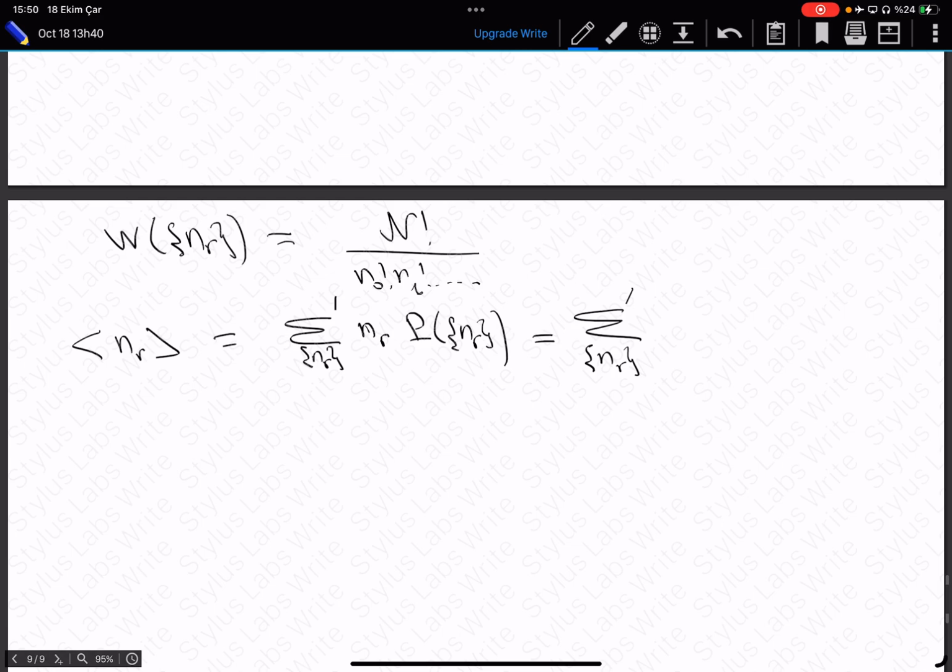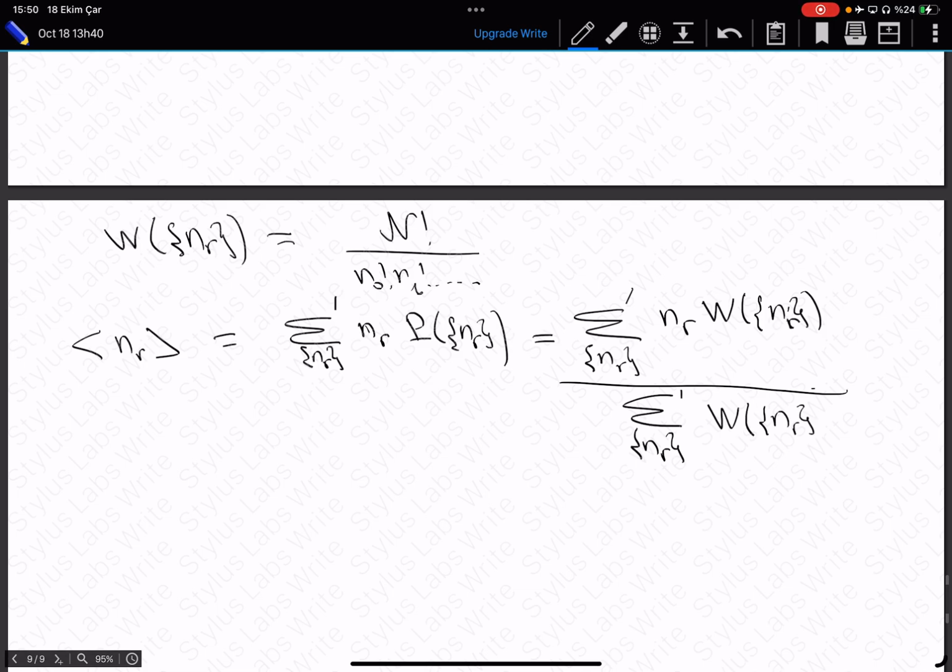I'm summing over all possible sets of NR consistent with my constraints of NR, omega of NR divided by the prime sum of omega. So this is what I would like to calculate.